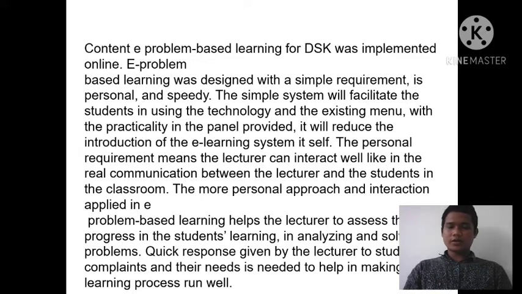It was designed with simple, personal and speedy requirements. The simple system will facilitate the students in using the technology, and the existing menu with practicality in the panel provided will reduce the introduction of the e-learning system itself.